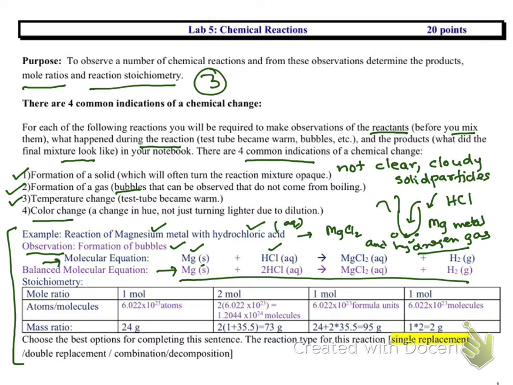If you look, 1 mole of magnesium atoms combines with 2 moles of HCl molecules to produce 1 mole of magnesium chloride and 1 mole of hydrogen gas. So this is my mole ratio that I found from these balanced coefficients.